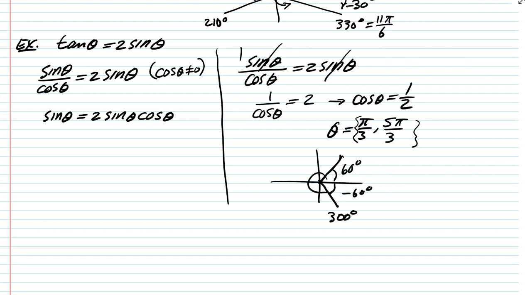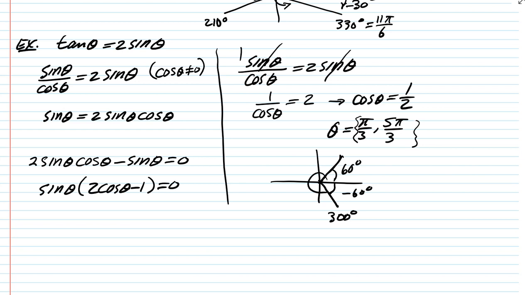What I want to do next is move sine theta to the other side. So at this point I have 2 sine theta cosine theta on that side, negative sine theta equals 0. Okay, we'll subtract sine theta from both sides. Next I'm going to factor sine theta, and I get 2 cosine theta minus 1 equals 0.